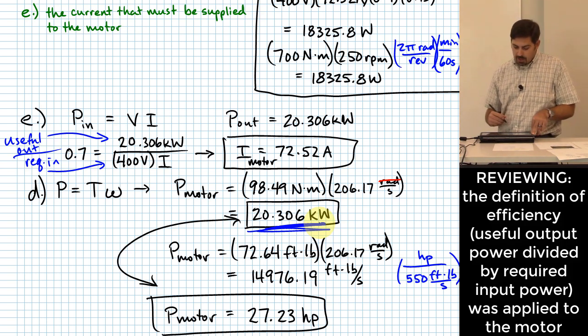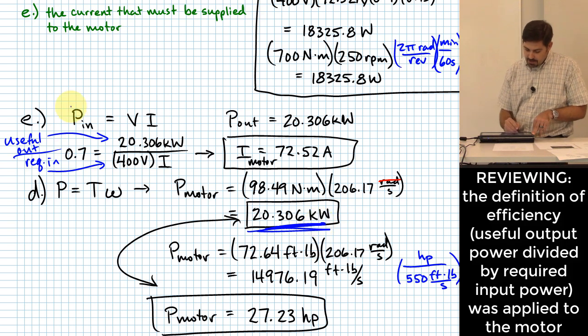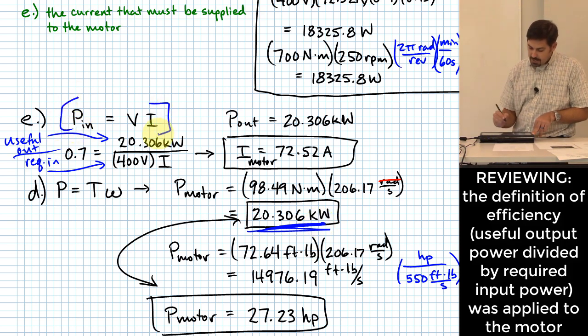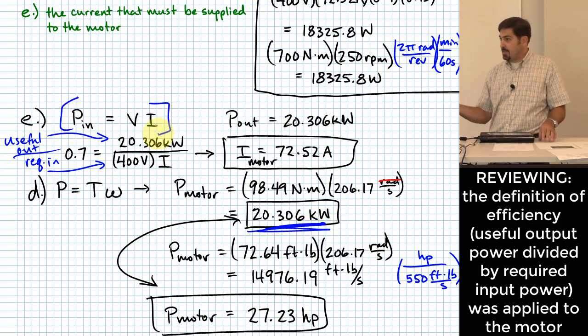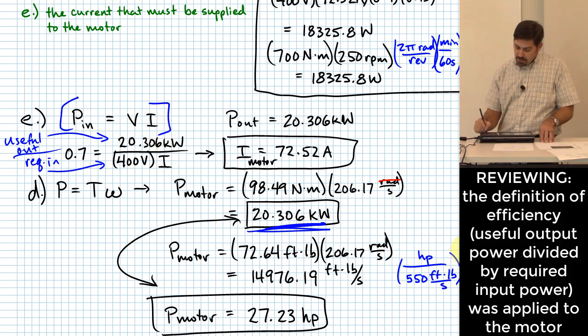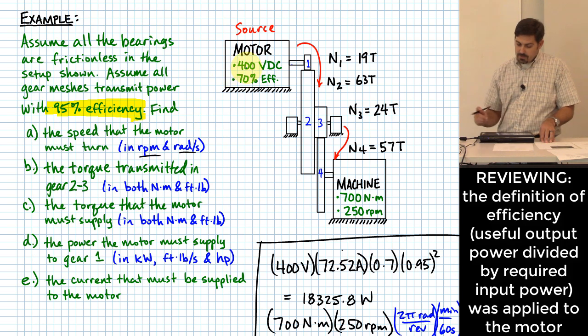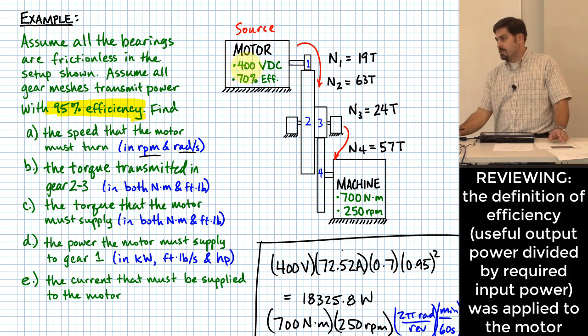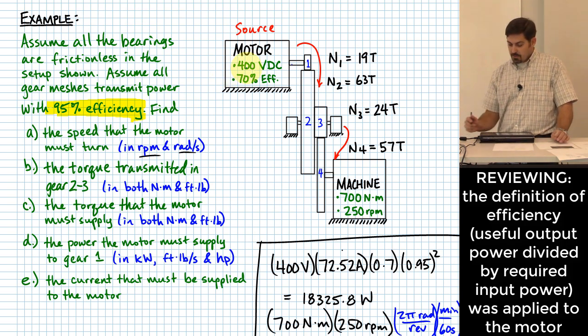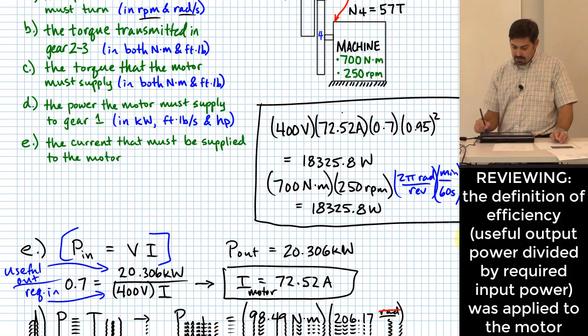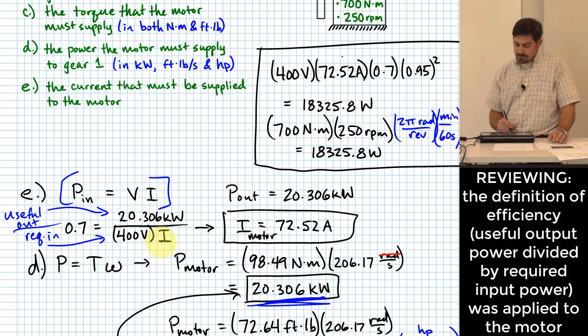The required energy into the motor is just this statement of electrical energy of V times I. I happen to know from the givens in the problem that the motor is being supplied 400 volts DC, so V was known, and the only thing I didn't know was my current. So plug all that in, and you can solve for your current.